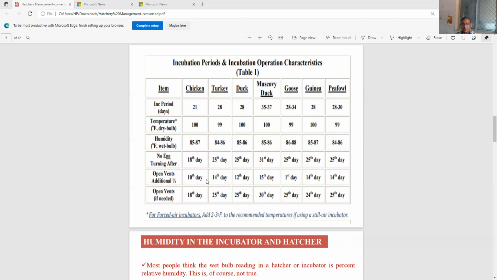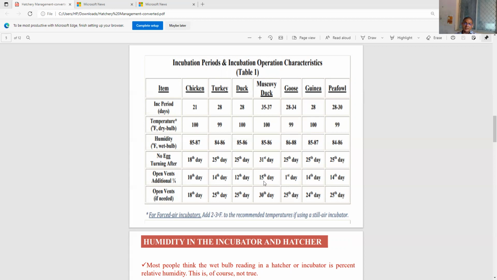If required, additional vents are opened on the 10th day in the case of chicken, 12th day in the case of duck, first day in the case of goose, 14th day in the case of turkeys, guineas, and peafowl, and 15 days for Muscovy duck.